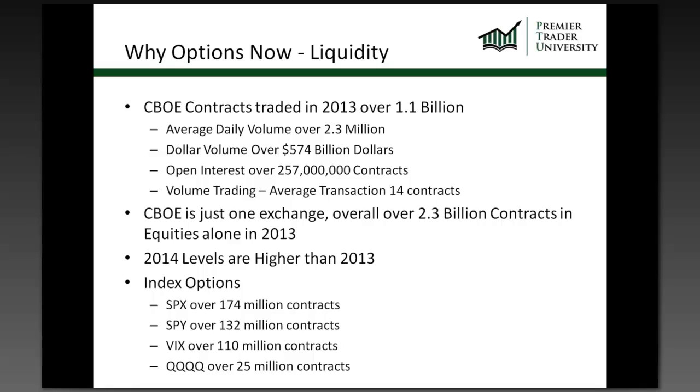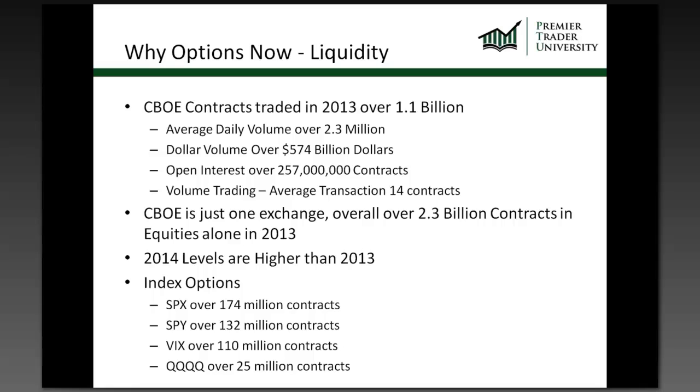The CBOE is just one exchange, and overall there were 2.3 billion equity contracts traded in 2013. We're seeing the same or higher levels in 2014, so nothing is changing there. Options are a very good means of potentially getting involved in that market.